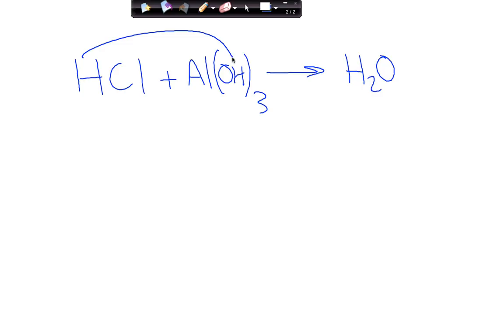Well, they're going to get together, but guys, aluminum is +3, chlorine's -1, so our product is going to be AlCl3, and then in order to balance this, we need a 3, and we need a 3, and that now balances. So guys, this is the reaction that takes place in your stomach when you eat a Rolaids.